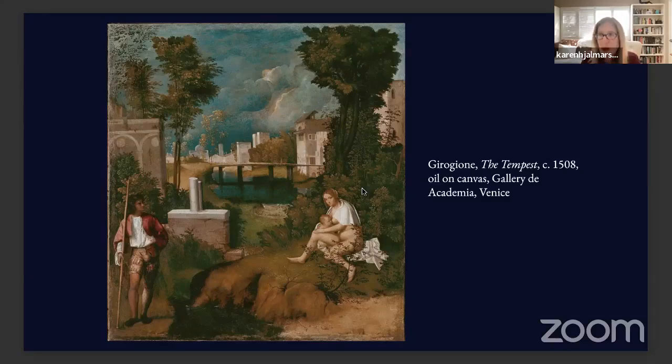This is probably considered the first truly landscape painting in Western art, truly independent genre, because we are focusing, this is not religious, because one thing I should have mentioned earlier, why landscape painting really didn't take off until much later.